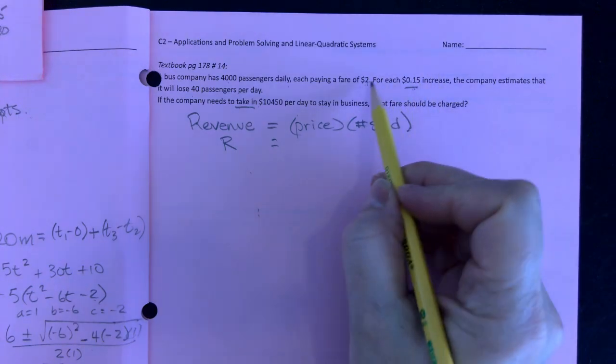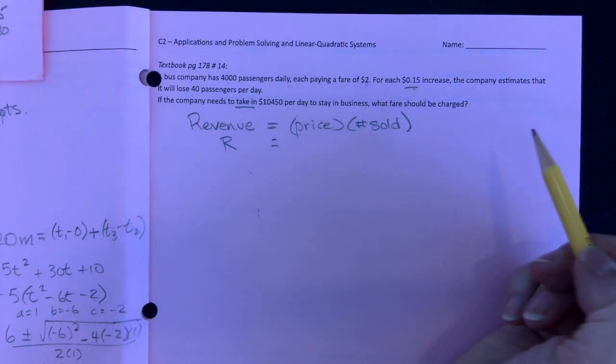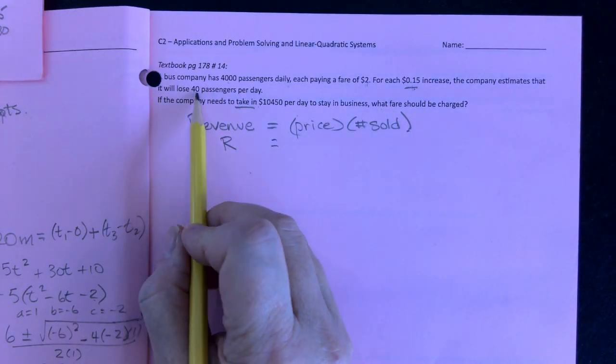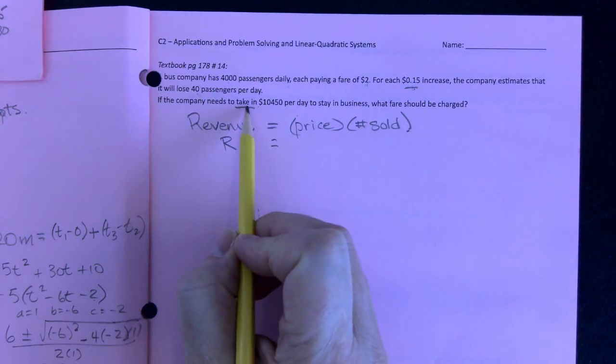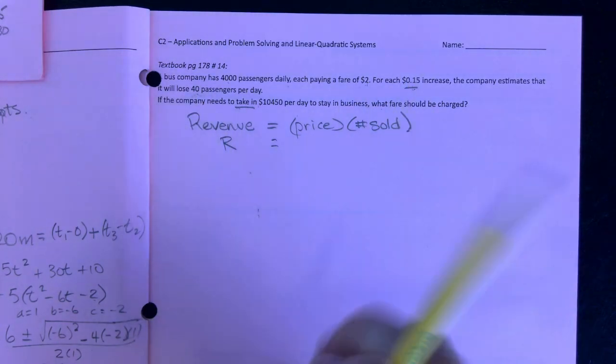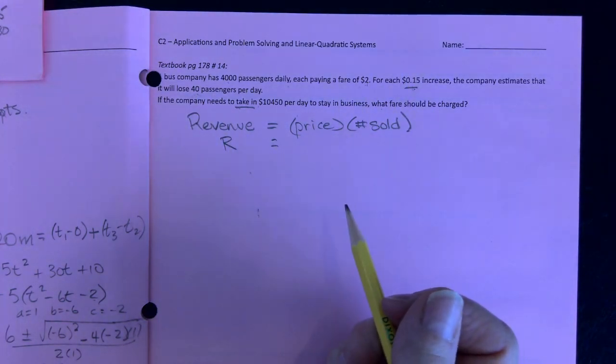So they're increasing the price in increments of 15 cents, and they want to see what that does to their revenue. They know that they're going to lose passengers if they do that, but there might be a sweet spot, and that's what we're trying to find.